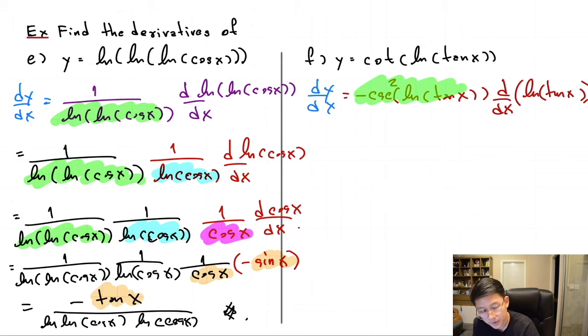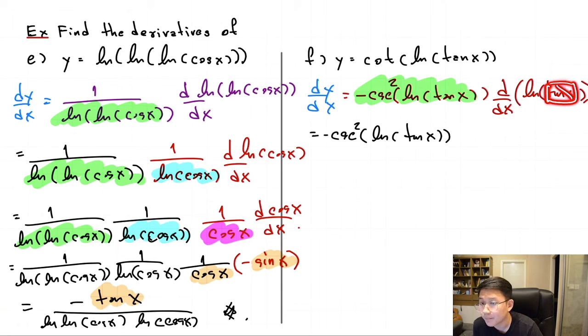Don't touch it, just copy and paste. Minus cosec squared of log of tan x. And guys, again here we look at this as a big X. So it's log of tan x, right? Log of big X. It will be 1 over big X, d big X by dx.